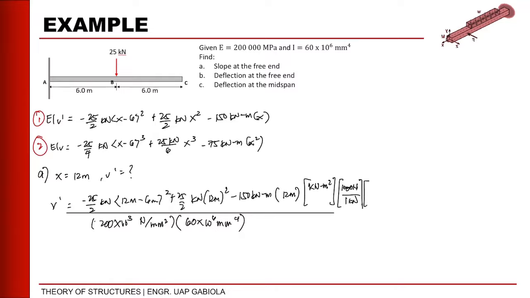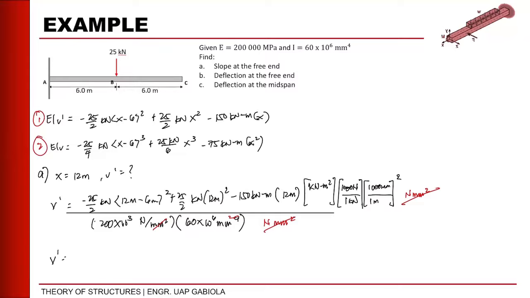And then multiply natin ng 1 meter, 1,000 mm para maging mm squared. So performing that, we will have N·mm squared sa numerator, and then sa denominator, N·mm squared. So magka-cancel out parehas. So we will have a value lang na wala, no?